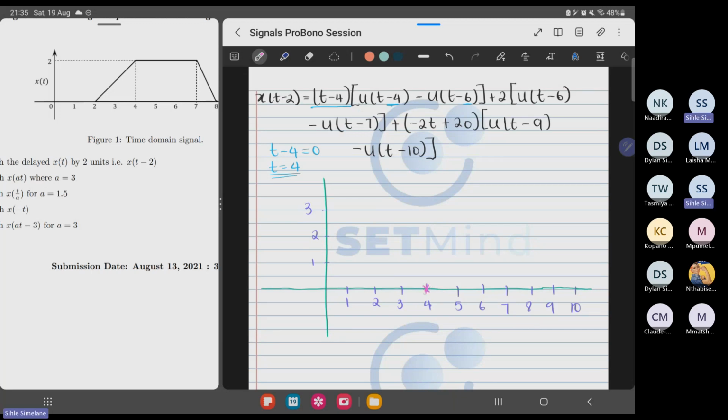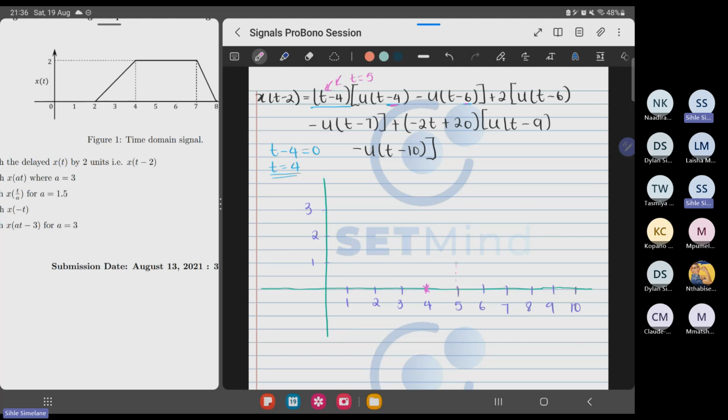And then if you remember, this graph should be going like this. One of the ways you can easily choose your values is to substitute, because you know that the graph starts at t is 4. So you can substitute t is 4 here, and then you get 0. So you get that point, and then because you are going towards 6, you can substitute t is 5 there, and you will get 1.